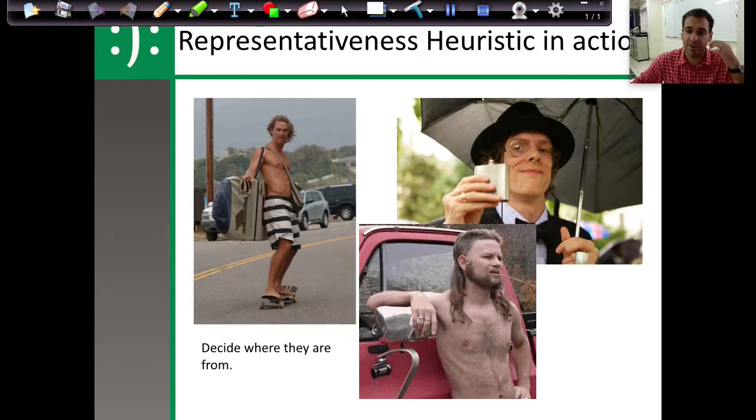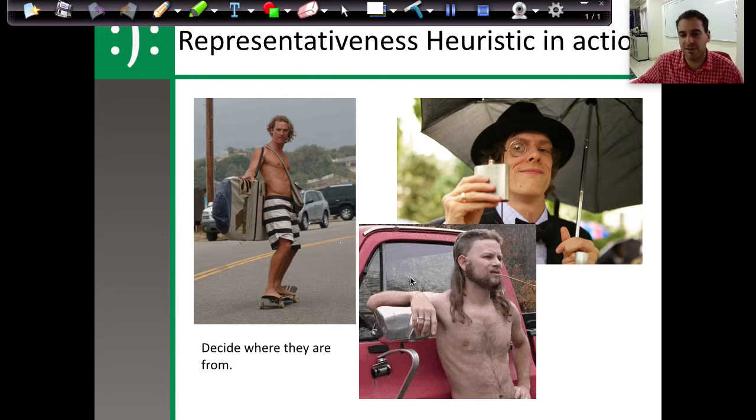Okay, other things. We make judgments about people based on schema that we already have. This is from, what's that movie called? I forget. Some of you guys might be able to nail it. But you look at this man, what are your schema going to tell you? They're going to tell you that he's probably from California or Hawaii, and he's a surfer dude. Why do we say he's from California or Hawaii? Blonde hair, surfboard, longboard, definitely Californian, right?